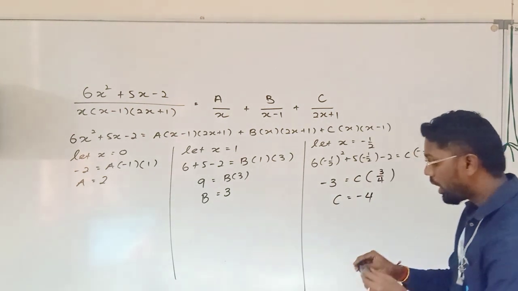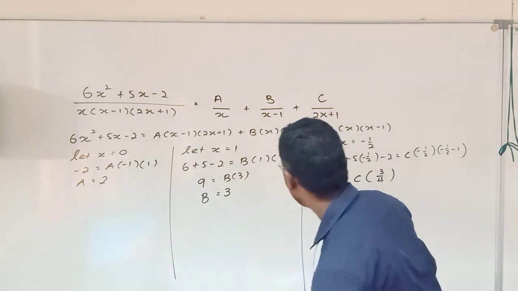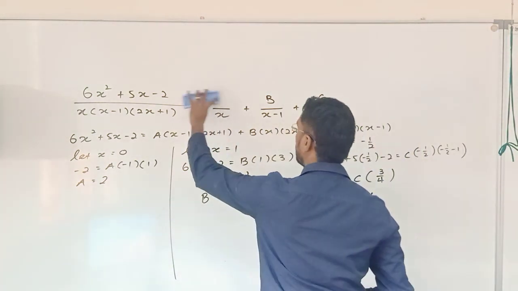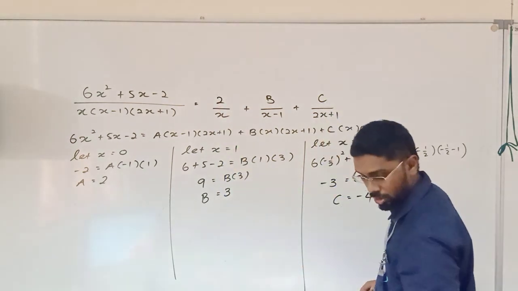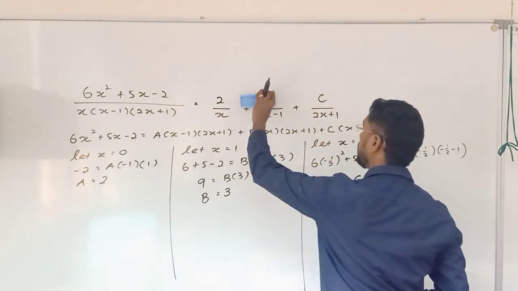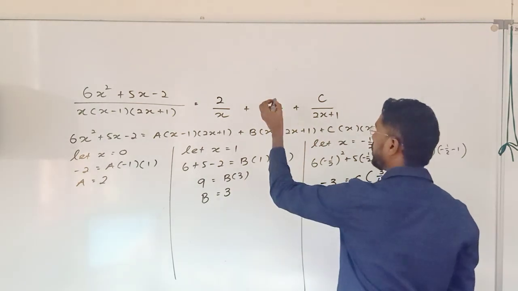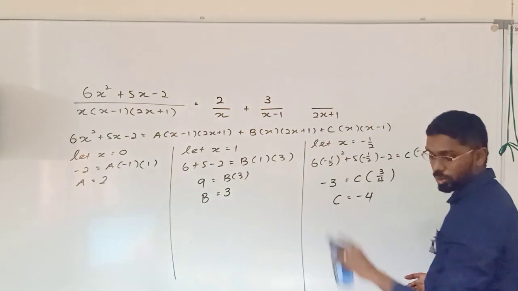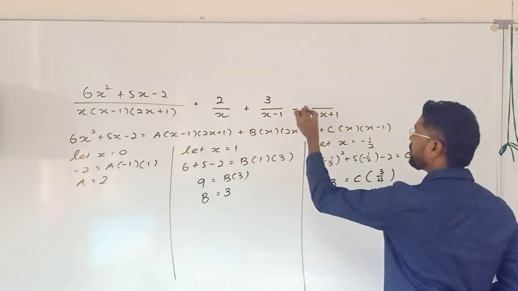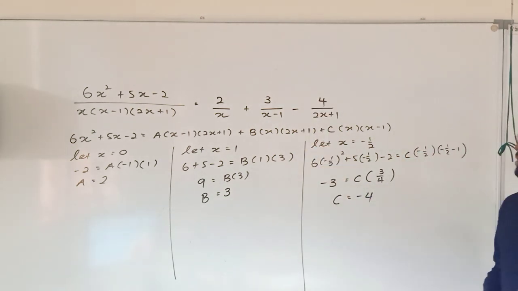Okay? So now you can substitute your a equal to 2, your b equivalent to 3, and your c equal to negative 4.